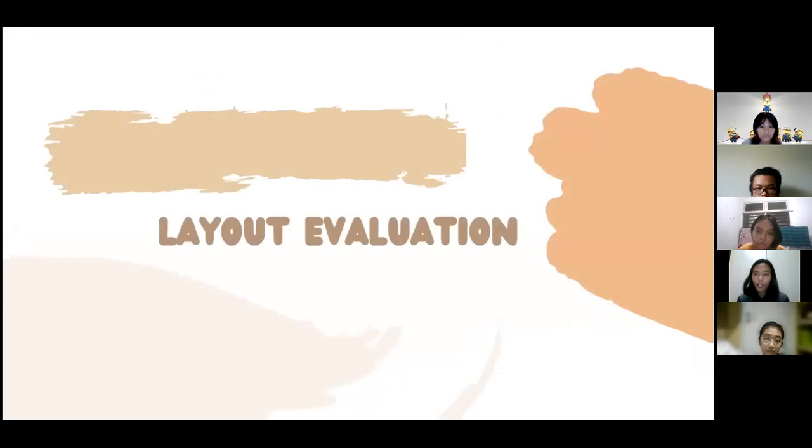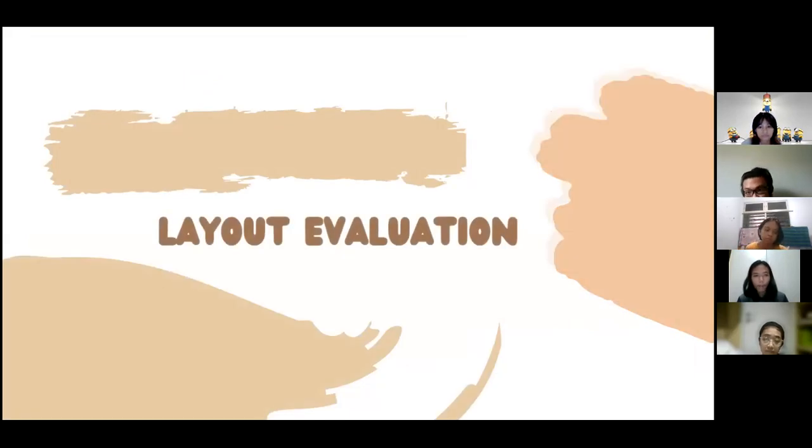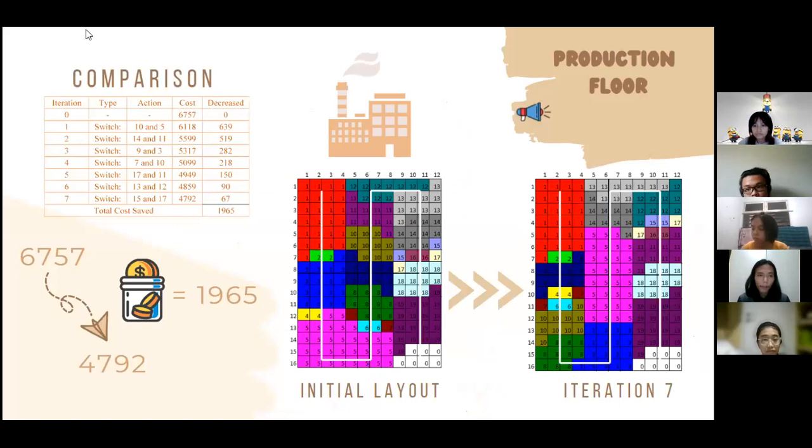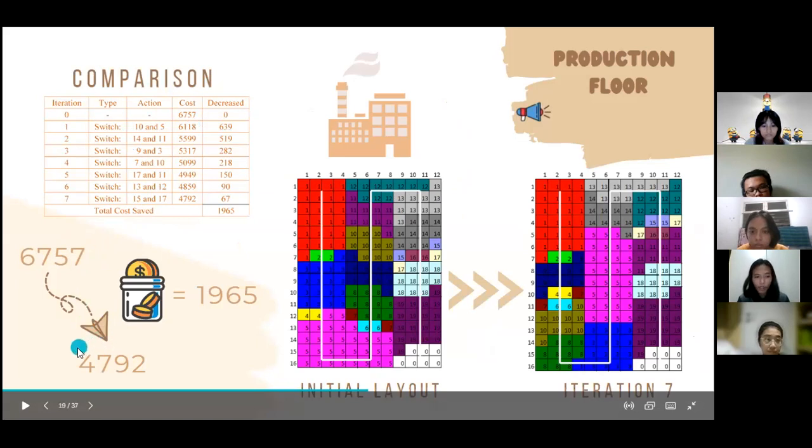For the layout evaluation between the office and production floor: for the production floor, we get the initial layout until iteration 7. This is the action, where there is a switch between iteration 0 and iteration 1. From iteration 0, the cost is around 7,000, and for iteration 7, the cost is around 4,000.